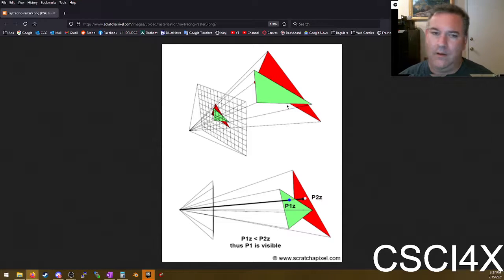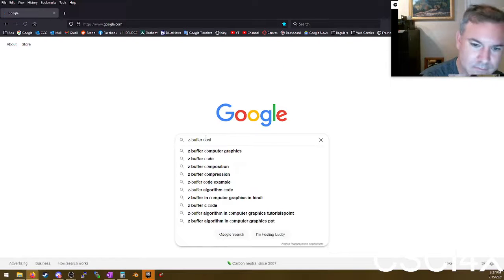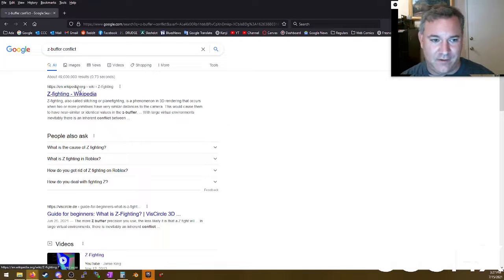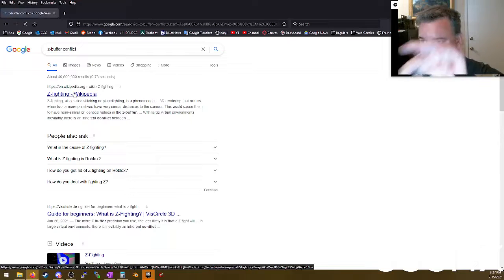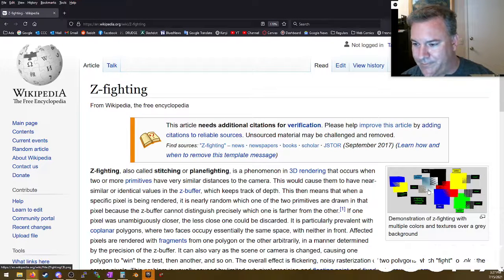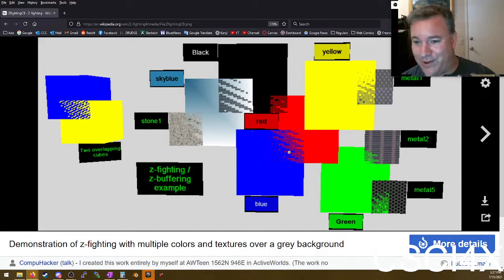And we talked about Z buffer conflicts before, right? So Z buffer conflict is when two things have the exact same Z value. Z is how far it is away from the screen. Depending on rounding, because they're floating point numbers, it'll sometimes draw one, it'll sometimes draw the other.